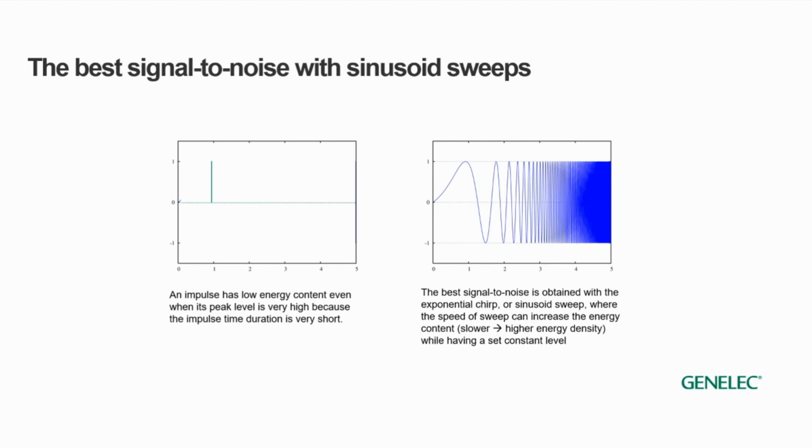So we can select at what frequencies we want higher energy level. So by adjusting the speed of this sinusoidal sweep, we are able to optimize our test signal for best signal-to-noise ratio. This slide explains how we can create an impulse response using the sinusoid sweeps.